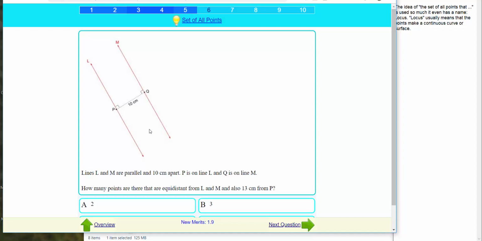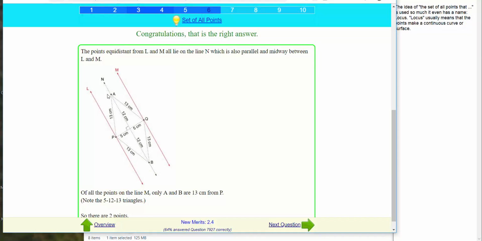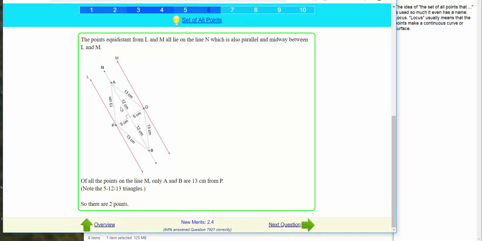So you could go somewhere around here, 1 and 2, equidistant from L and M, and also 13 centimeters from P. So 2. Yep, that's correct. So we have A and B, on the line N, which is also parallel and midway between L and M. Of all the points on the line N, only A and B are 13 centimeters from P.